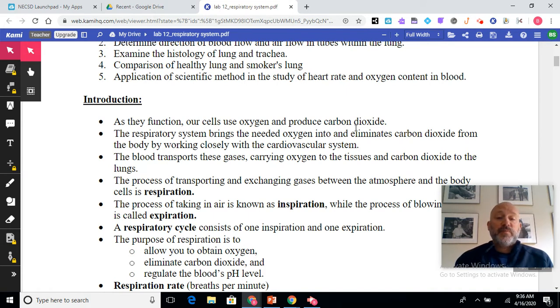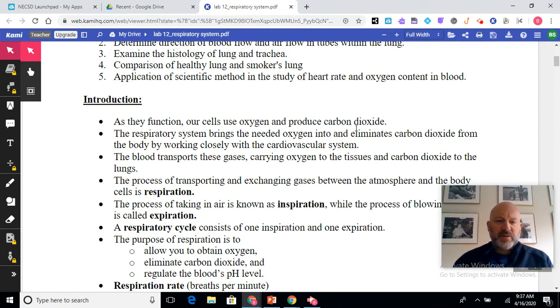As the cells are working as a result of cellular respiration, they are also producing carbon dioxide, so that carbon dioxide needs to be removed from the tissues. The carbon dioxide diffuses out of the cells and gets picked up by the blood. The blood then delivers that deoxygenated blood with carbon dioxide in it back to the right side of the heart, and then the right side of the heart sends that blood to the lungs. The carbon dioxide diffuses into the lungs before it is eliminated from the body.